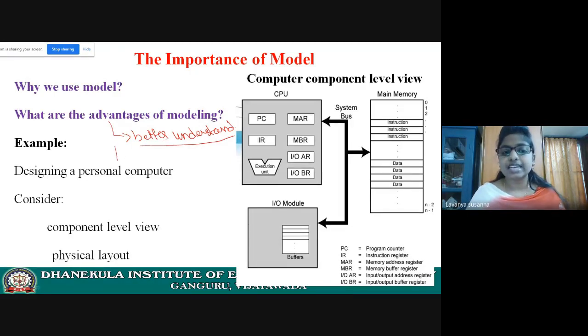And the next advantage is it simplifies the reality. Model is nothing but a structure which is used to express a complex system, which simplifies a problem, and also you can analyze a problem domain.